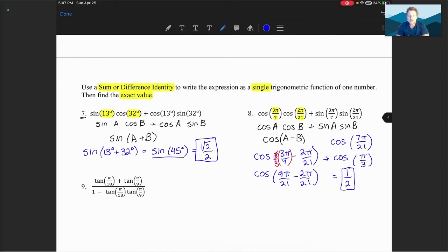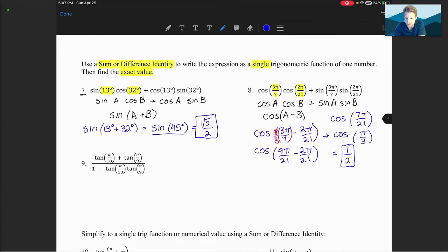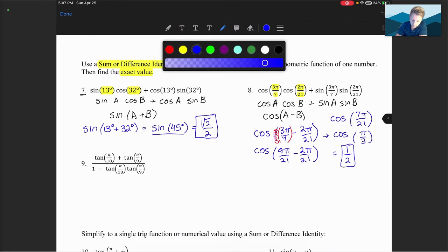Let's take a look at the last one together, involving a tangent function. Tangent of pi over 18 plus tangent of pi over 9 divided by 1 minus the tangent of pi over 18 again, tangent of pi over 9. So again, we can rewrite the form that this expression is in.